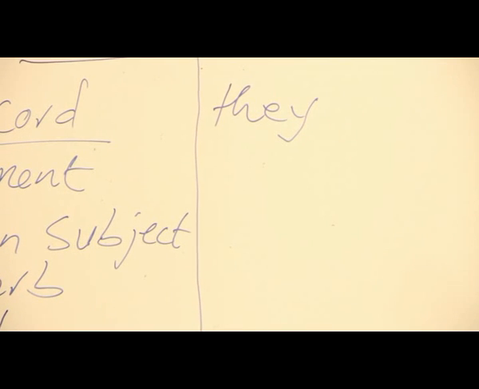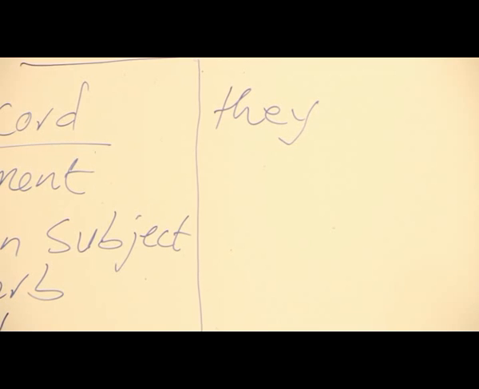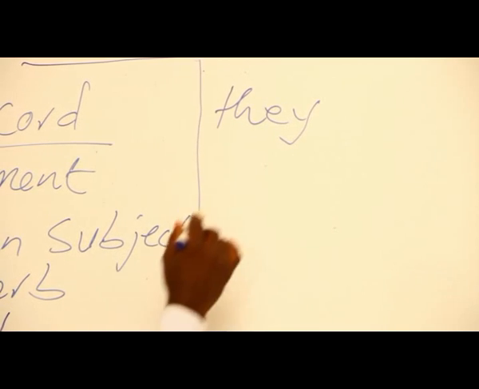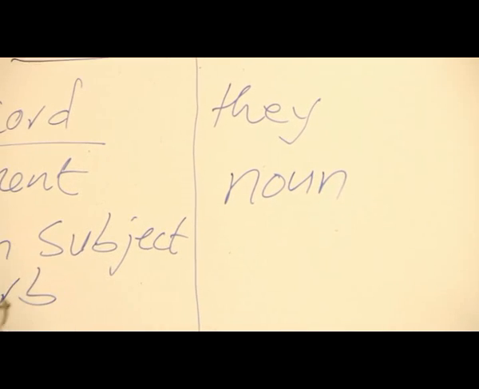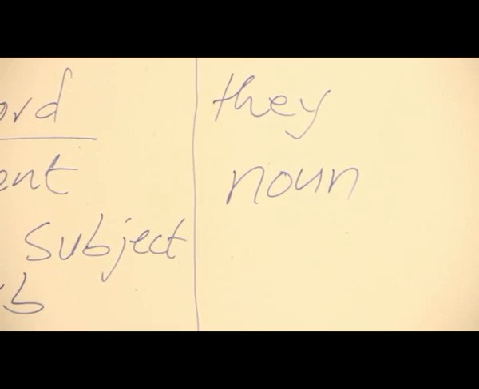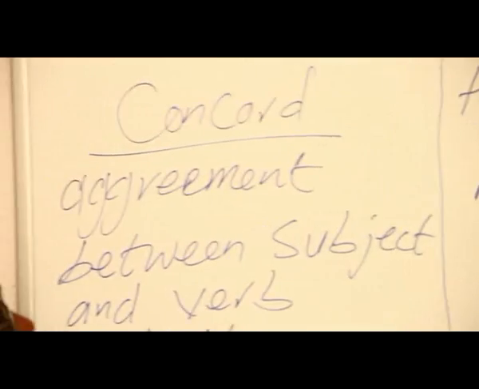But then we have subject in form of the noun and subject in form of the pronoun. So we take subject in form of a noun. How do we form the number here?